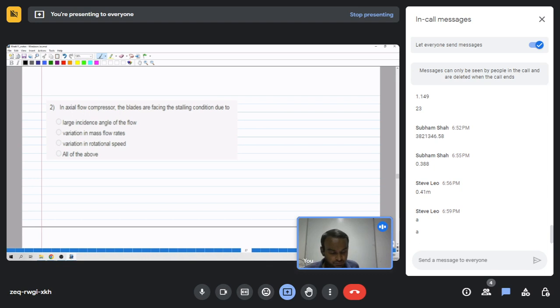Large incidence angle will also cause stalling, but it can also be caused by variation in mass flow rate and variation in rotation speed. So all of the above.